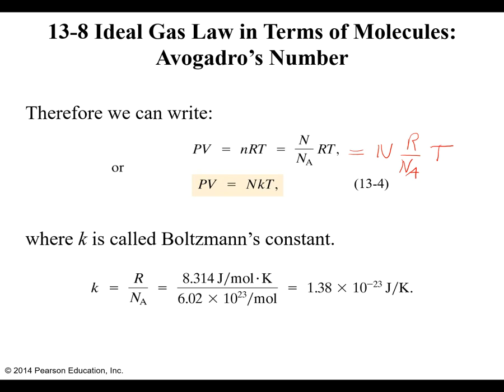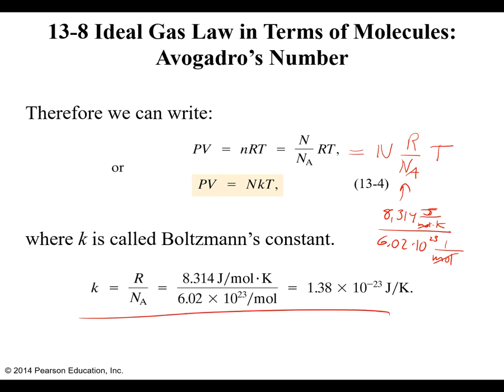If we take R, which is 8.314 joules per mole Kelvin, and divide that by Avogadro's number, 6.02 times 10 to the 23rd molecules per mole, the moles cancel out, and your number comes out to be 1.38 times 10 to the minus 23rd joules per Kelvin.